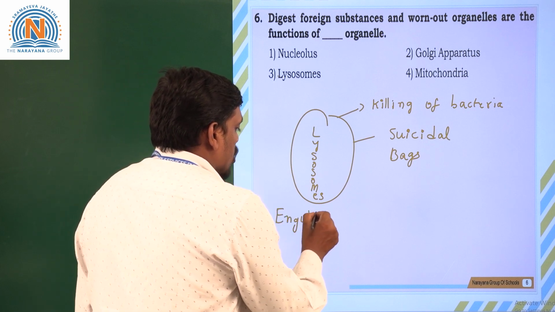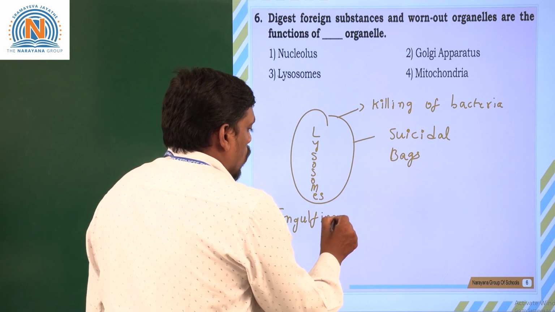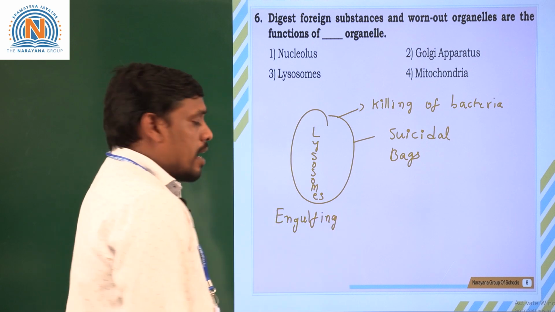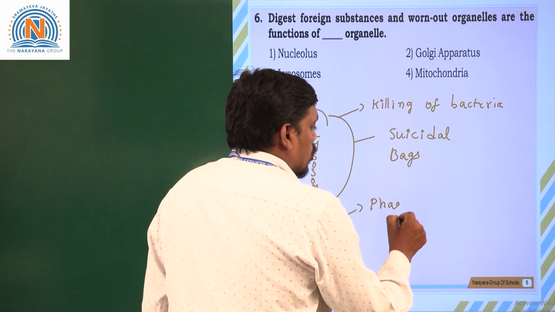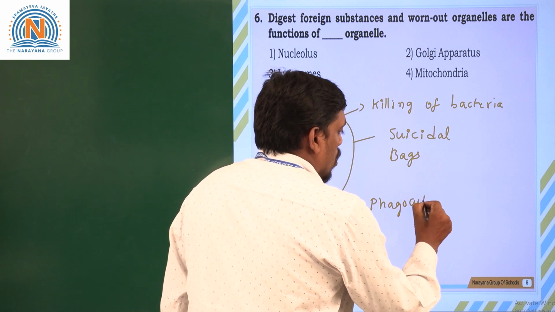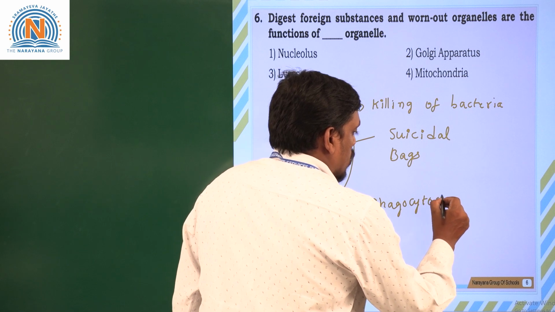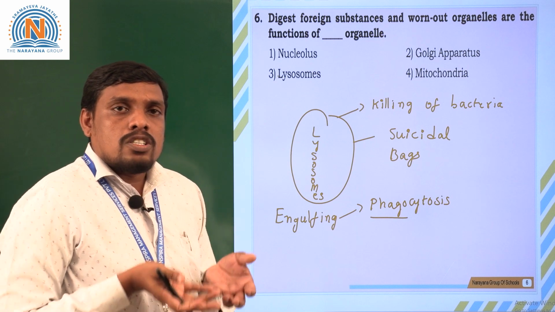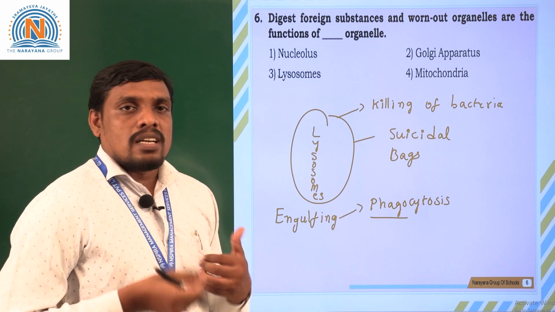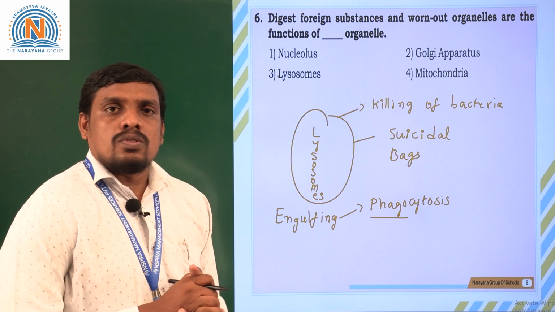What do you mean by engulfing? Engulfing is scientifically called phagocytosis. What is it called? Phagocytosis. Engulfing or swallowing is considered phagocytosis.